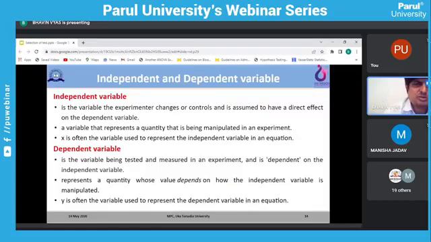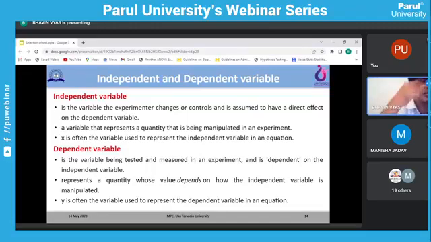So the experimenter will be changing that, and that change will directly have an effect on your dependent variable. So the independent variable is what is changed or controlled by the experimenter.